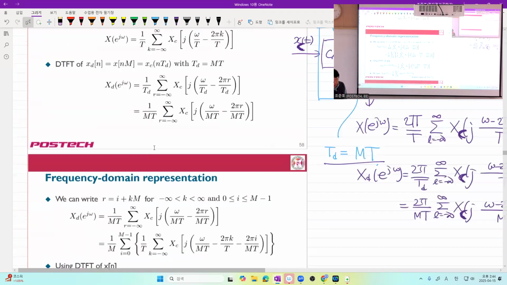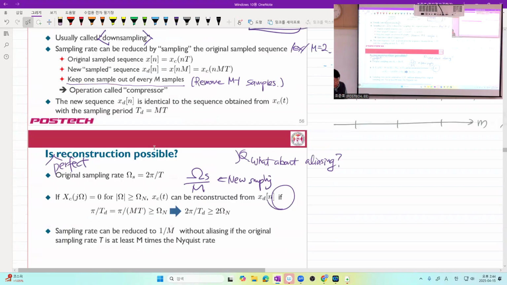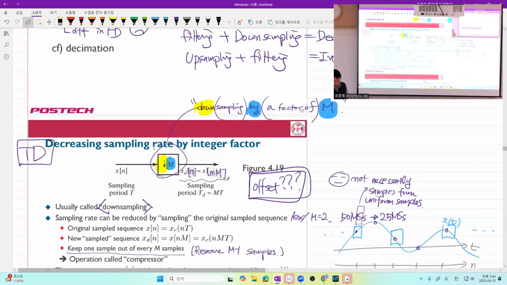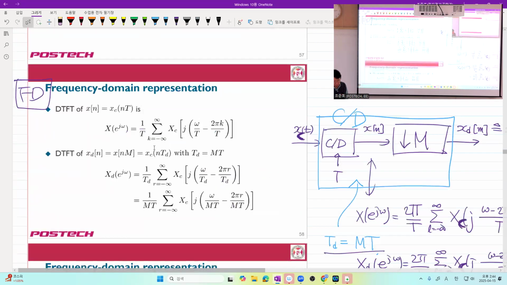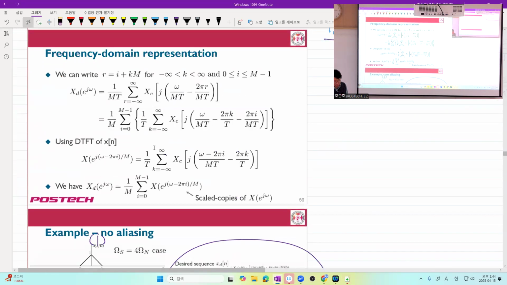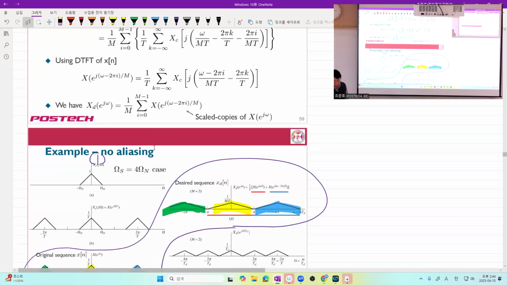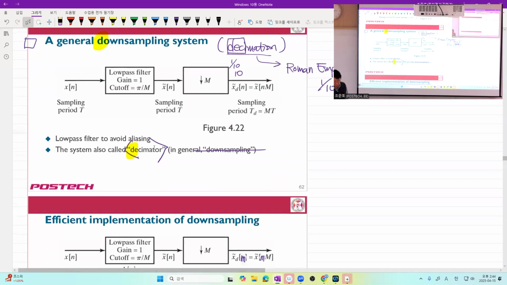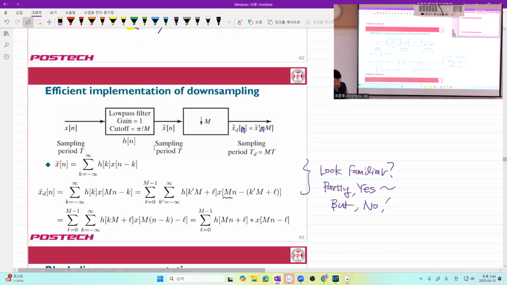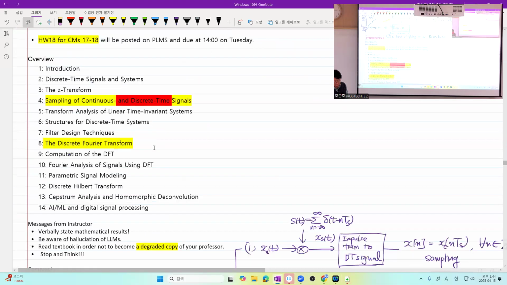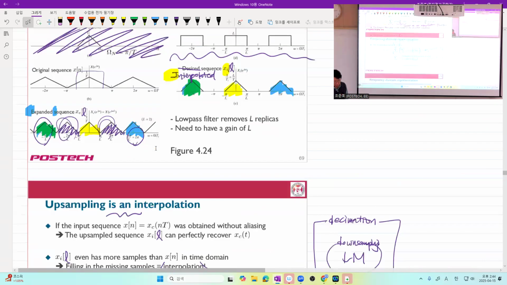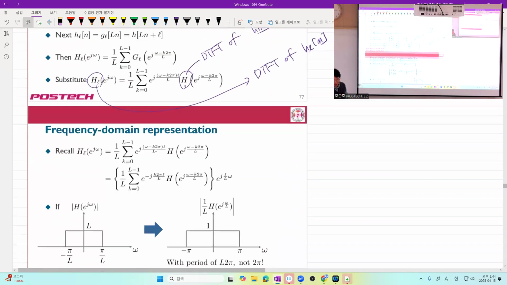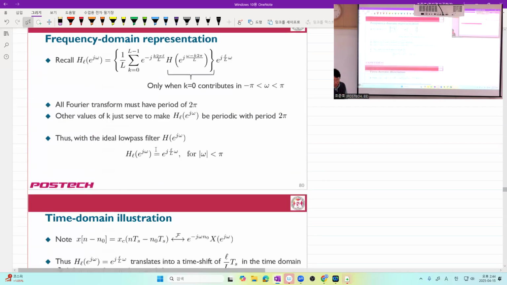Just a second, where is the interpolation? Okay, downsampling. Yeah, I cannot find where it is. Okay, anyway, you find it. One good thing as a professor is that when I cannot find something, I just defer to students.